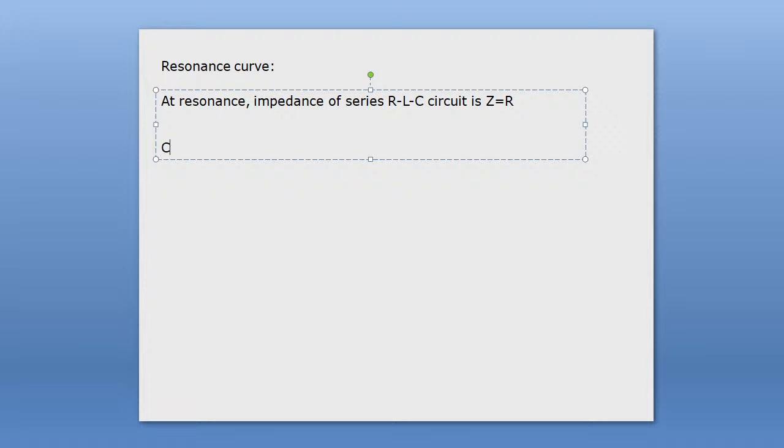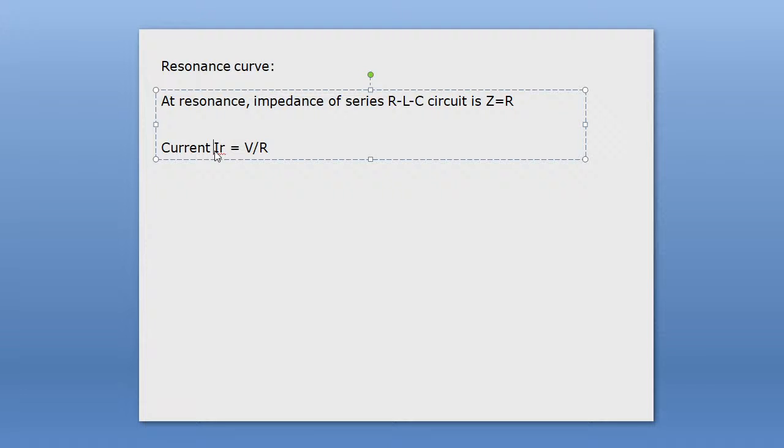So the current at resonance, you just write I suffix R. I_R equal to, according to Ohm's law, supply voltage divided by impedance of the circuit. The supply voltage, here we have considered the magnitude.